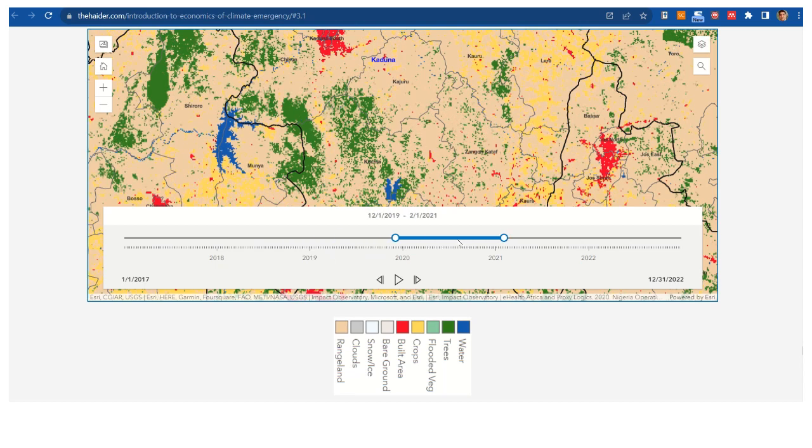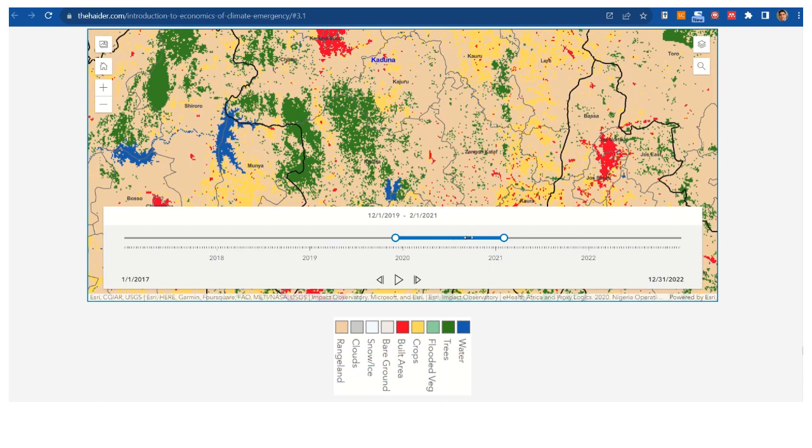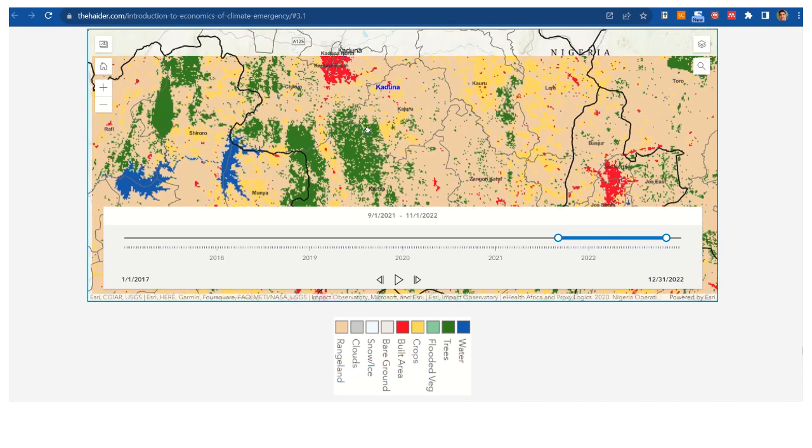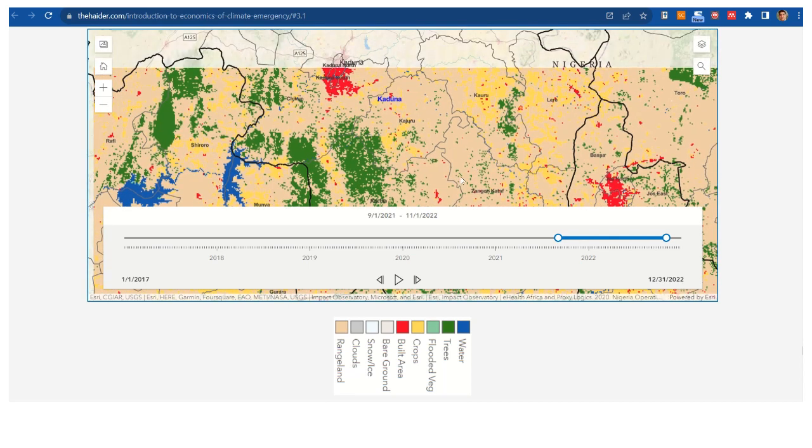This shifting is because of many factors. It may be a man-made cause or a natural cause, but this is the way you can see the land use land cover of any area.